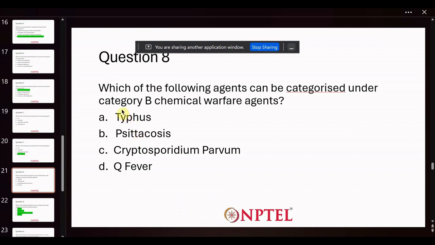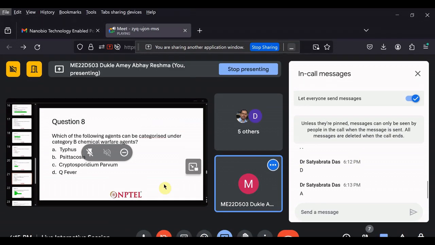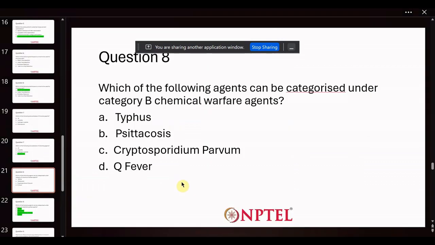So moving to the eighth question, which of the following can be categorized under category B chemical warfare agent? Typhus, psittacosis, cryptosporidium parvum, or Q fever. I'll give you a hint: this is an MSQ kind of question, so more than one answer can be right.